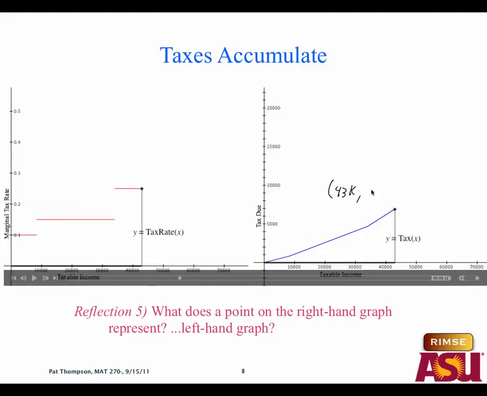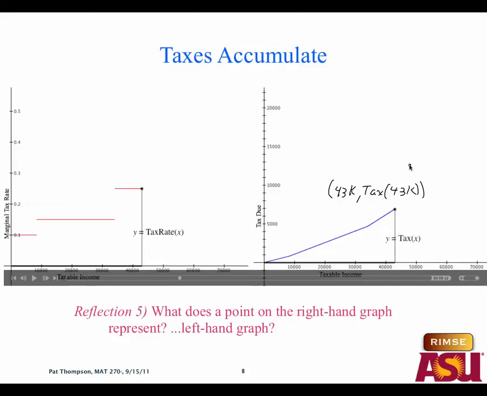We could calculate it, but we can represent it as tax of 43K, where K stands for 1,000. So we could represent that point that way. But points on graphs, in the types of graphs we're working with, mean two corresponding values of two quantities taken together.